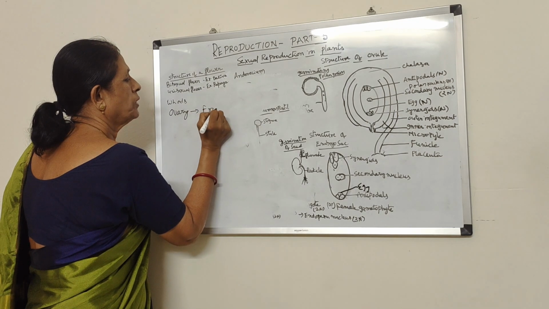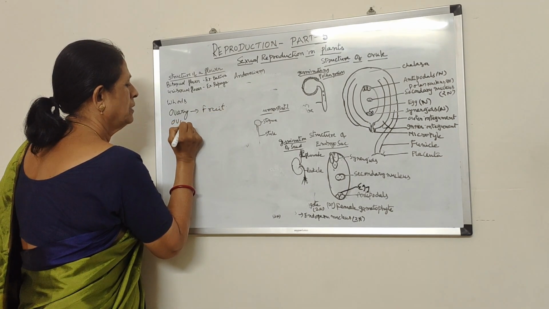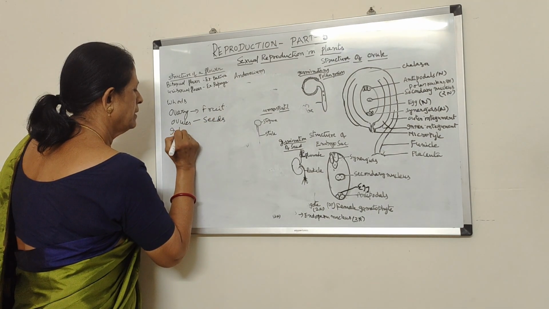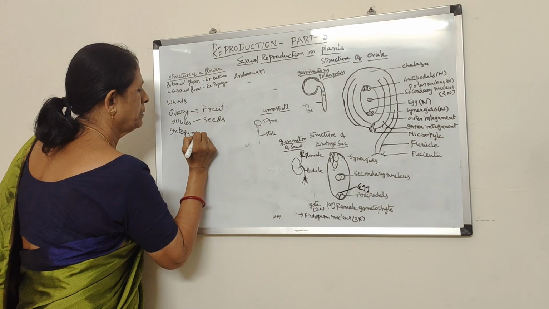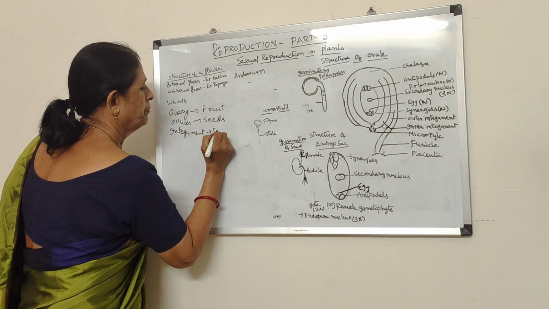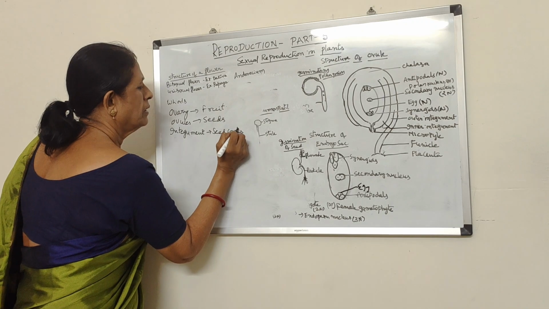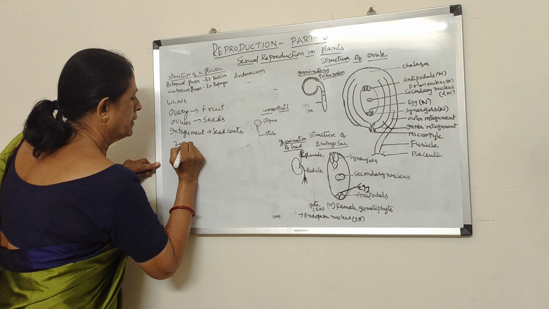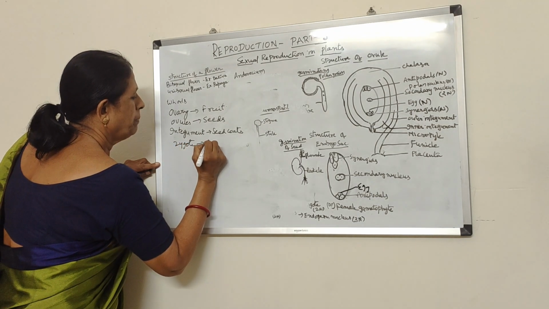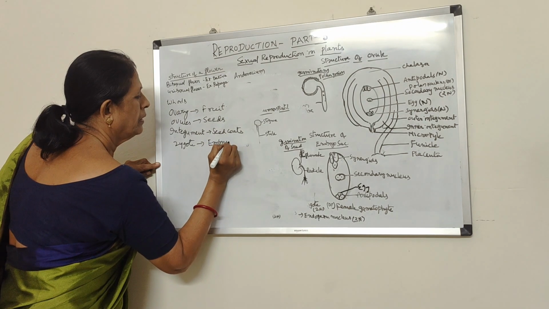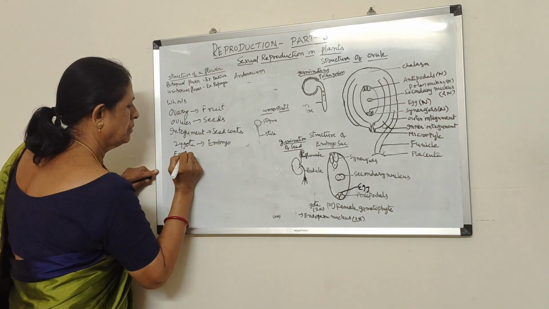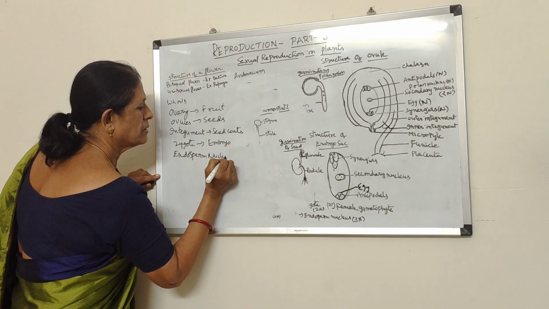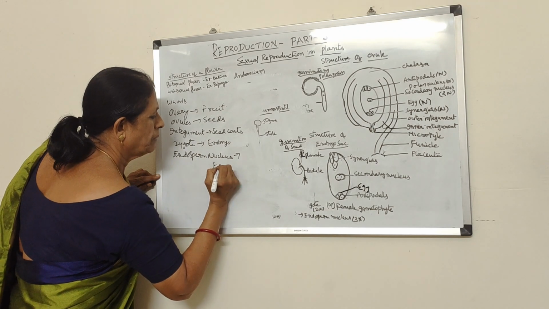The ovary develops into fruit, and ovules develop into seeds, and integuments develop into seed coats. Next, the zygote will develop into the embryo, and the endosperm nucleus will develop into endosperm tissue.